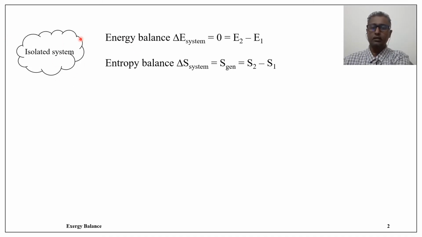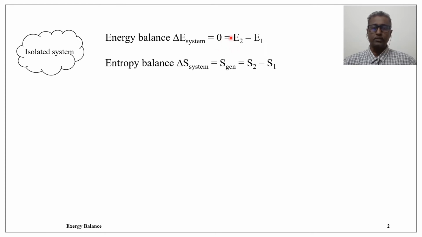Consider an isolated system. Apply energy balance and entropy balance for this isolated system. The change in energy of the system is equal to E2 minus E1.